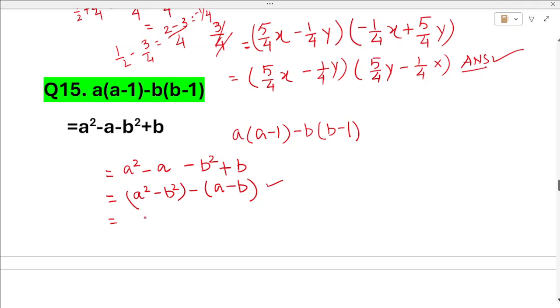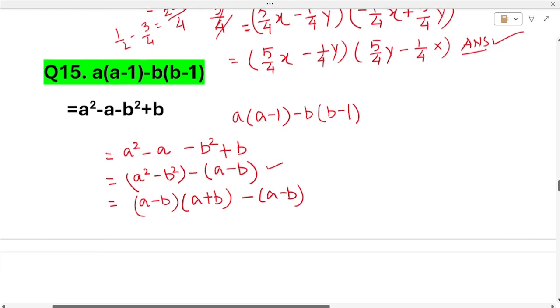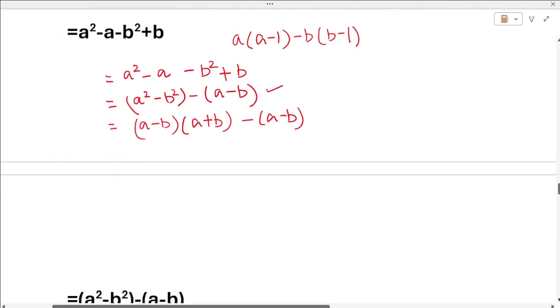How does it become? It will become a minus b and a plus b, correct, and minus a minus b. Okay, now up to this is done. And if you have seen my lecture number 1, that lecture was based on taking commons only.